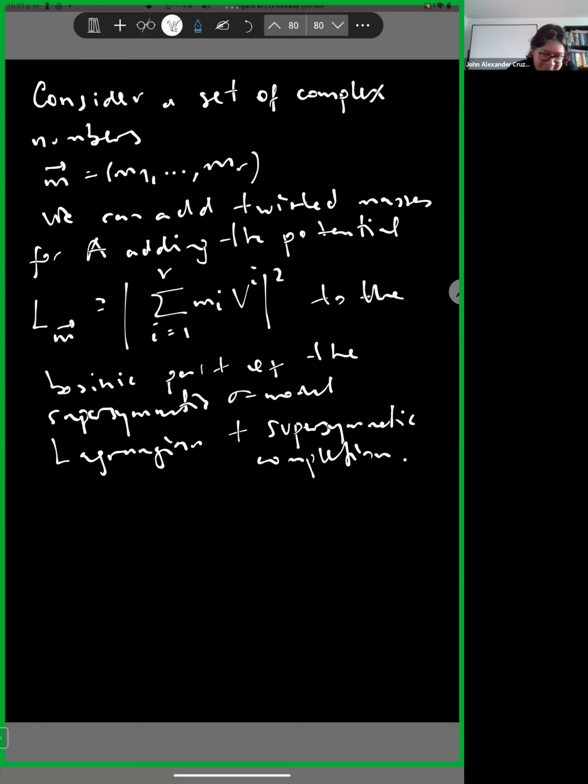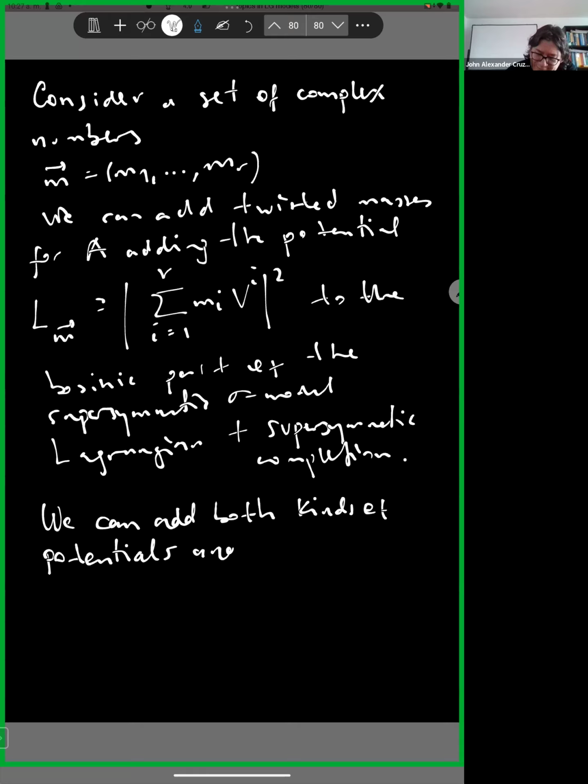So we can add both kinds of potentials, and still obtain an N equal to 2 supersymmetric field theory.